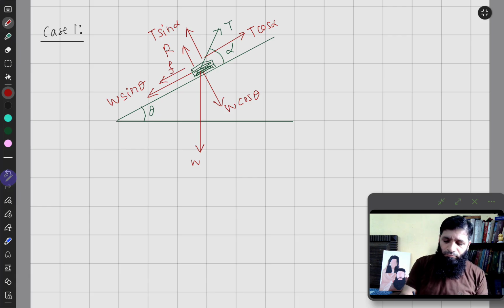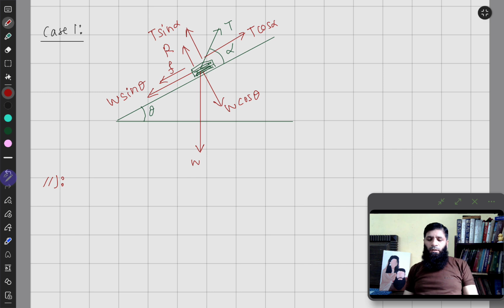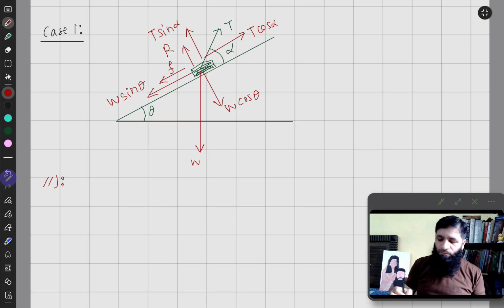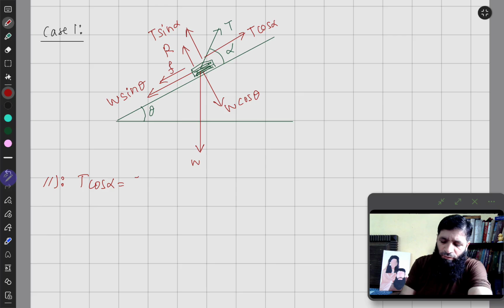First of all, let's talk about all parallel forces. You can see that in this diagram, you have three parallel forces. T cos alpha is acting upward, and remaining two forces are acting downwards. So you will have T cos alpha equal to F plus W sine theta.